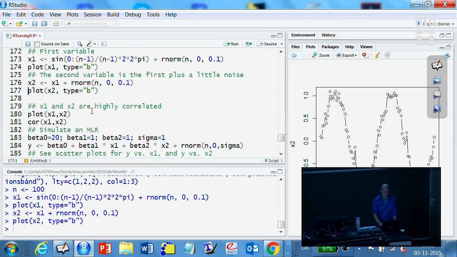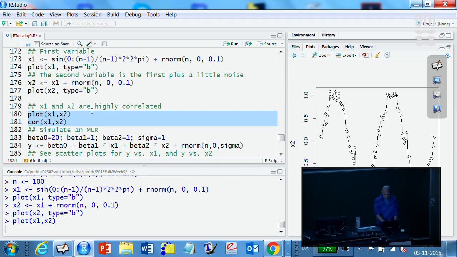It was actually simulated to be almost as x1, but with a bit of noise. So it's not exactly x1, but it's a kind of noisy copy. So x1 and x2 are noisy copies of each other. Very common data in many contexts. If you have chemical spectral data, such situations will occur very often.